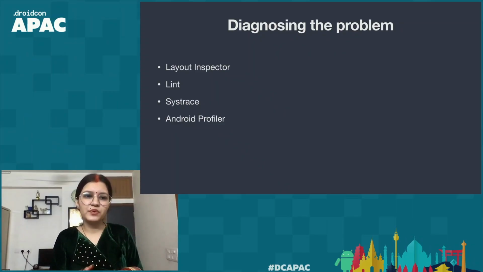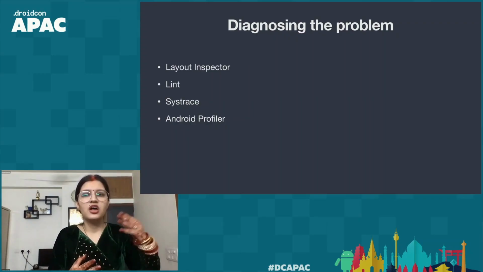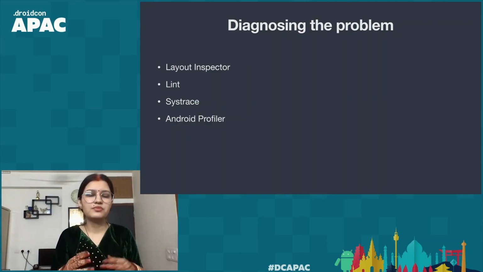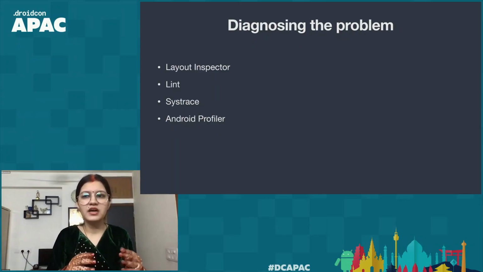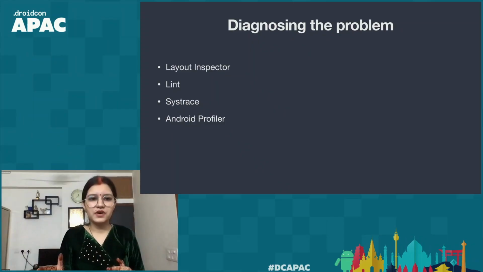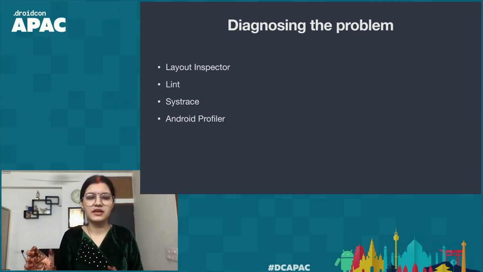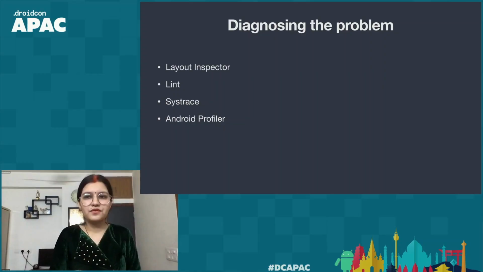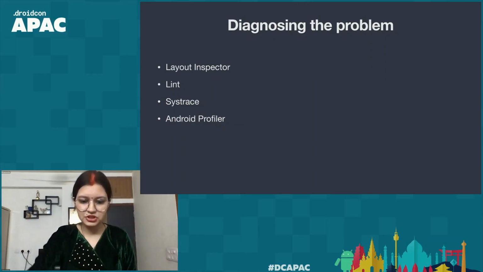The only difference between Systrace and Android Profiler is that Systrace provides you with a lot of information, which can sometimes be overwhelming, because profiling is very data specific, and Systrace can provide you with a lot of data inputs which you might not want. So Android Profiler just provides you with a high level overview in the form of a graph accompanied by the functions and the processes that are taking longer than expected. And for optimizing layouts, we would need to monitor the CPU usage.